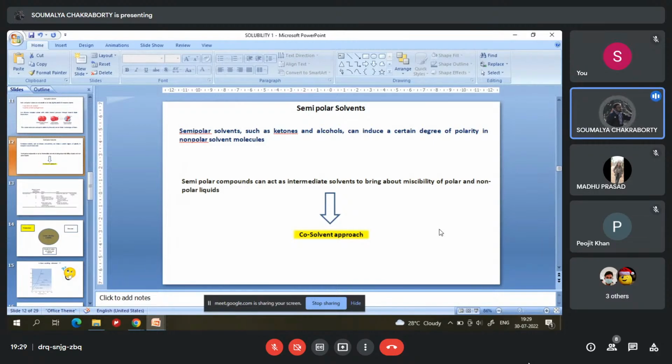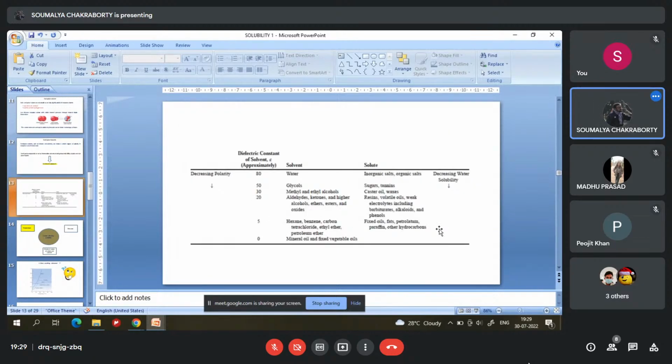This approach is called the co-solvent approach. There are a lot of pharmaceutically approved co-solvents like ethanol, like polyethylene glycols, but most of these co-solvents are toxic. So there are very few products currently in market, and you can see here, this is a chart of dielectric constant along with the polarity of different solvents. You have to memorize it because some questions come from this chart in GPAT.